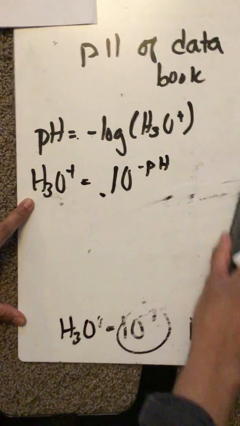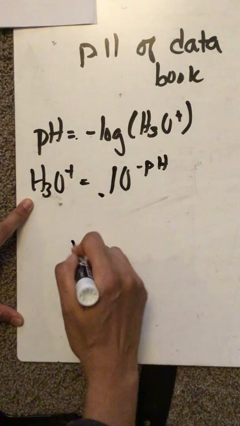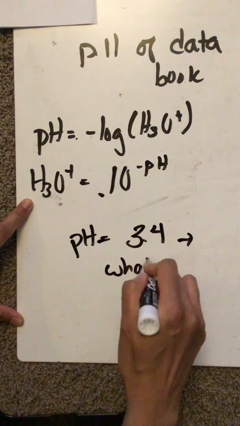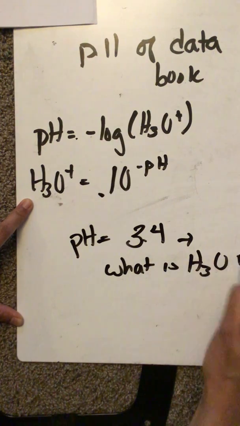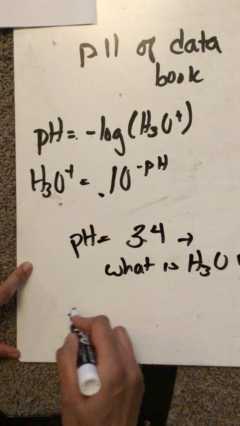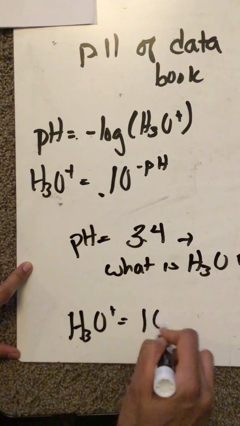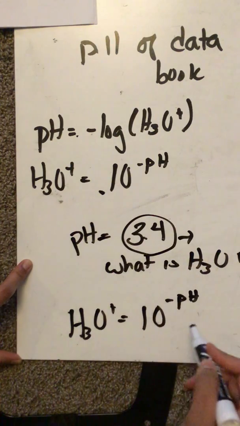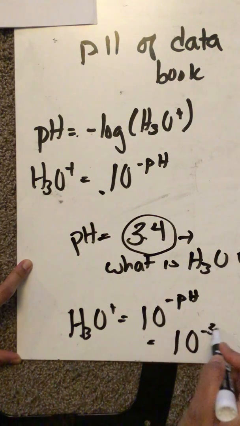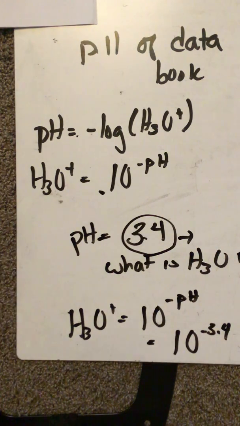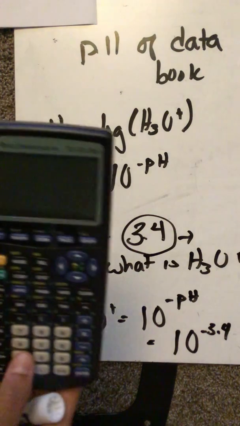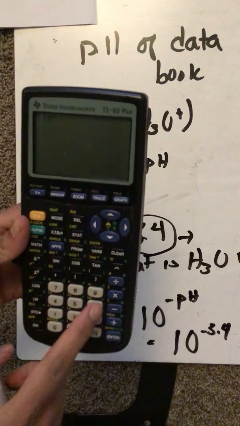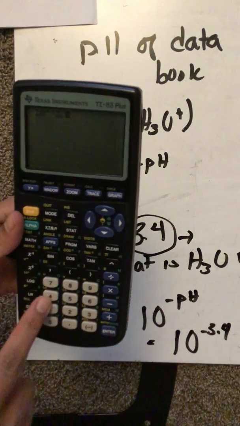Okay, we're going to do another one. What if they say the pH is equal to 3.4? What is the hydronium concentration? Again, H3O positive is equal to 10 to the negative pH. And the pH is 3.4, so you go 10 to the negative 3.4.